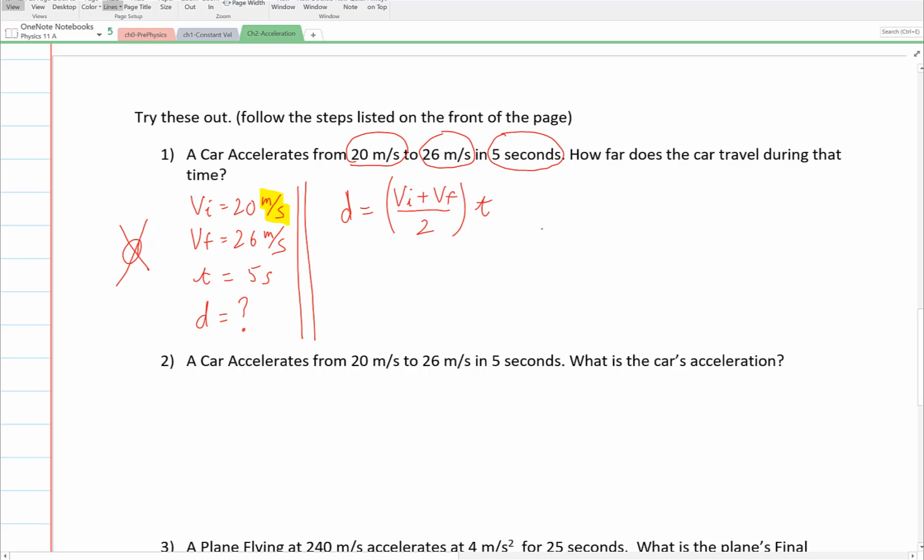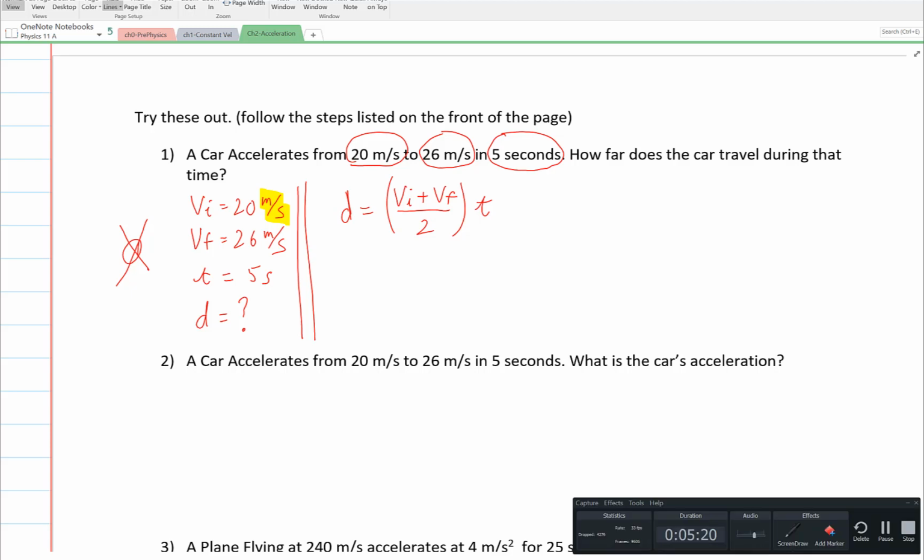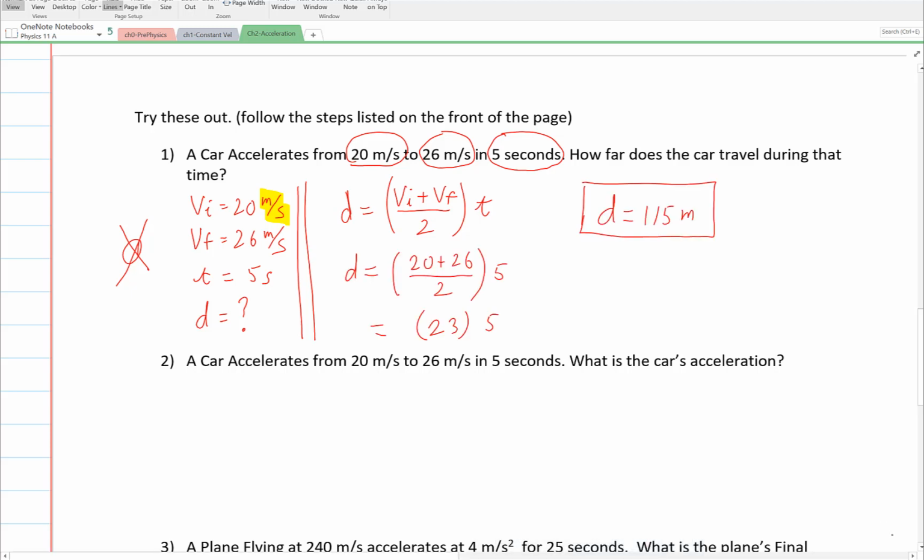Then just go ahead and solve it. And that's how you do it. So try that out. There's the answer for number 1. Try out number 2 now.